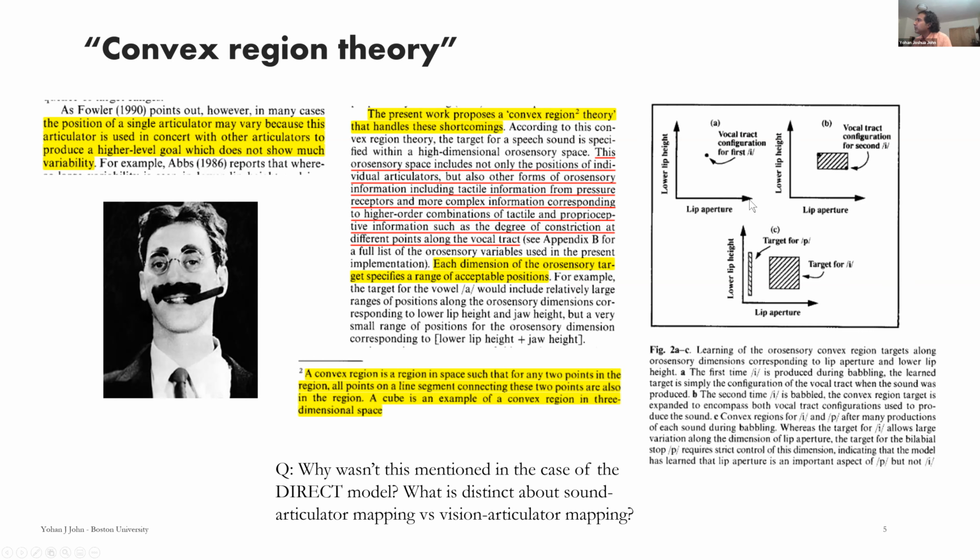So I think the 2 examples that they give are the region for the vowel I and the consonant P sound. The first time the baby hears an I sound, E sound, there's some space. So the baby is producing sounds, and through the feedback with the person that's training them or through their own feedback, they're like, okay, that's a sound, this is how I can produce that sound.